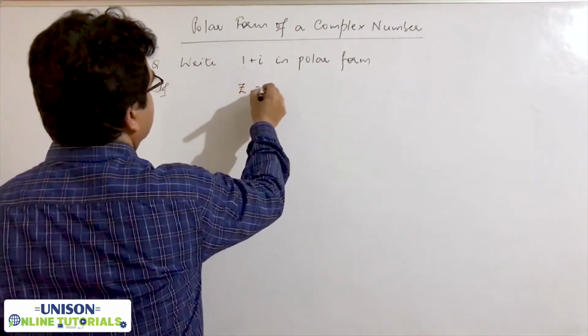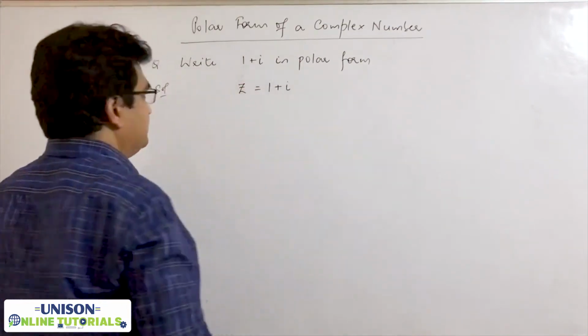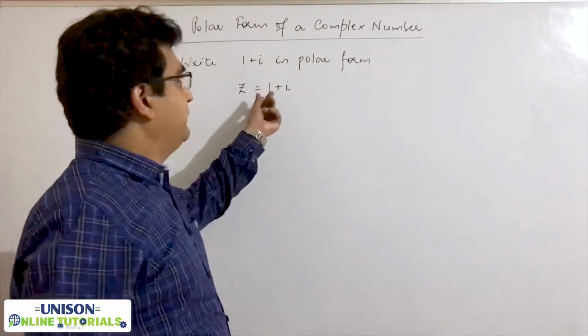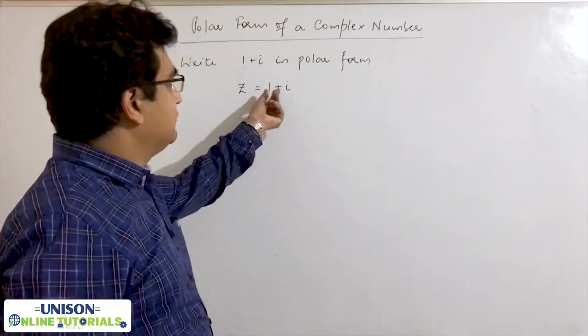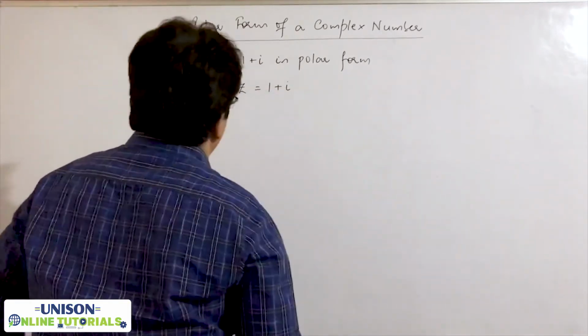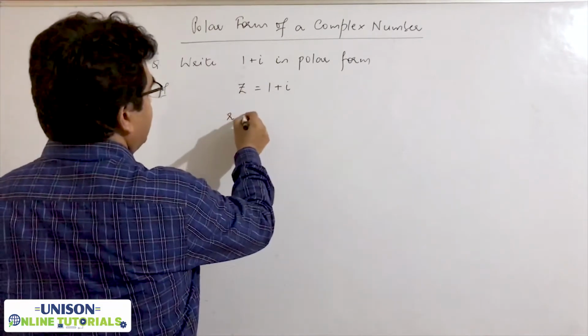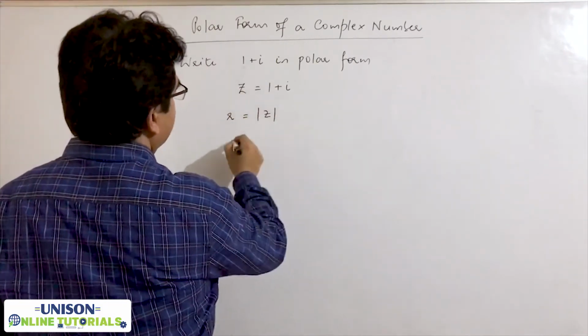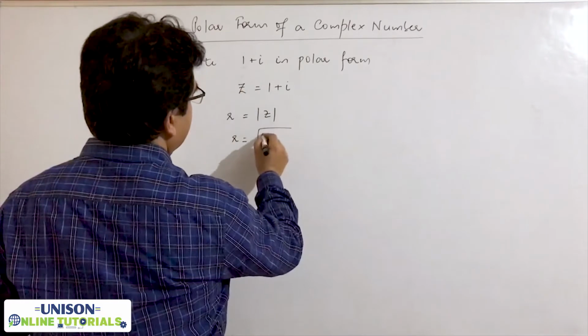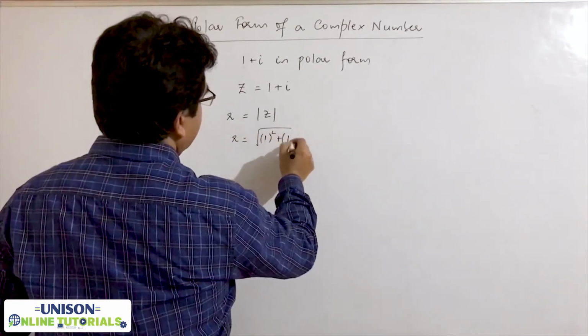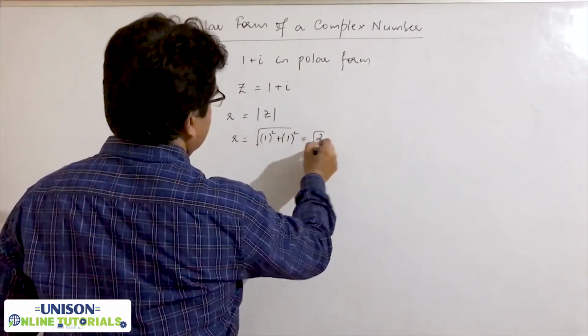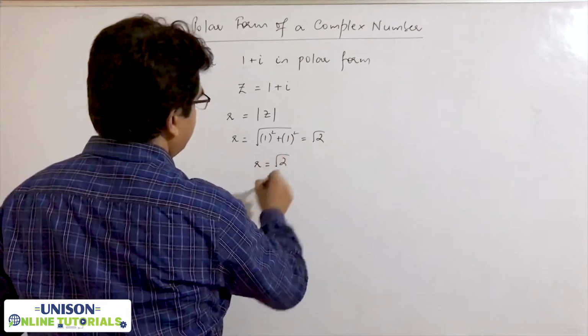So therefore z is equal to 1 plus iota. If we compare it with x plus iota y, x is 1 and y is 1. So now, how to find r? r is modulus of z, which is equal to under root of 1 square plus 1 square, real part square plus imaginary part square, which is under root 2. So the value of r is root 2.